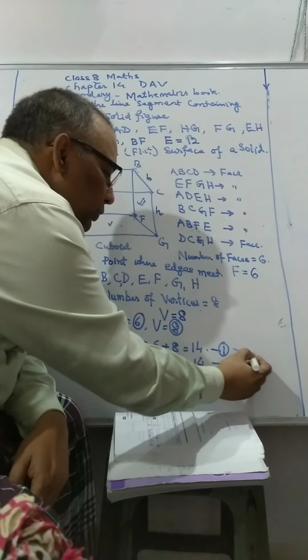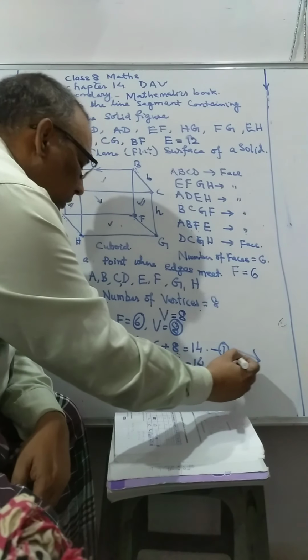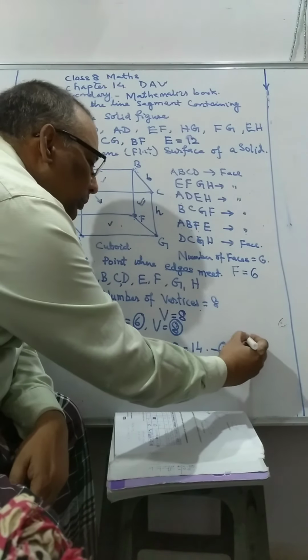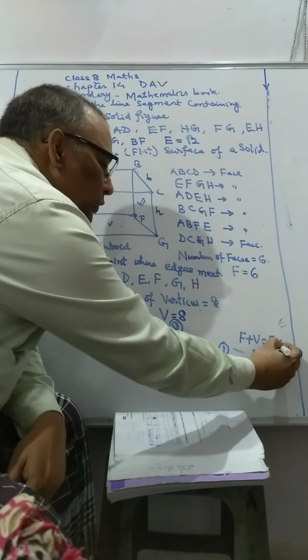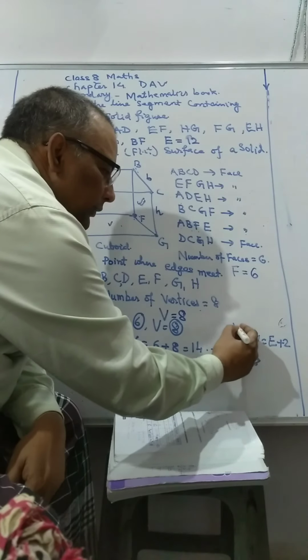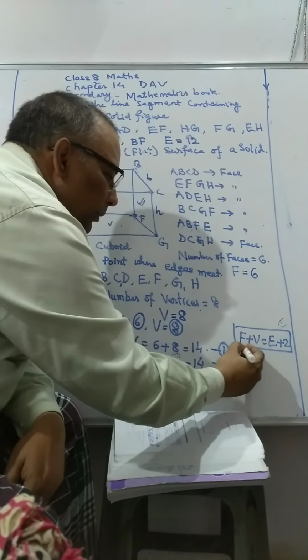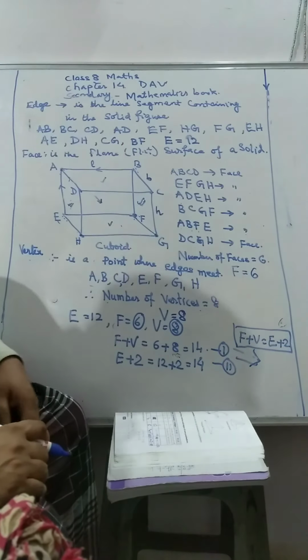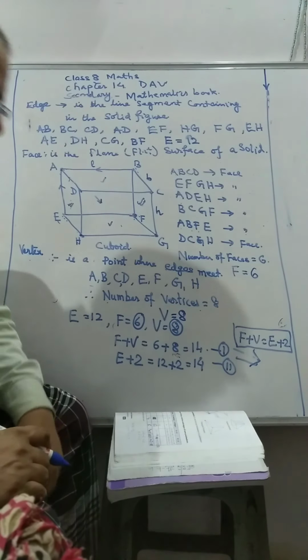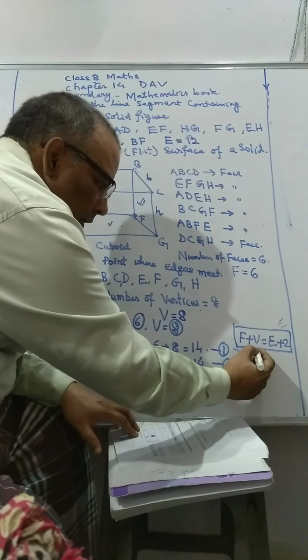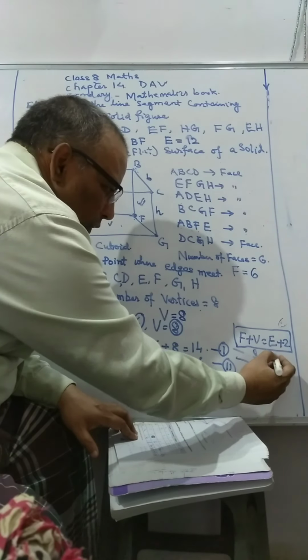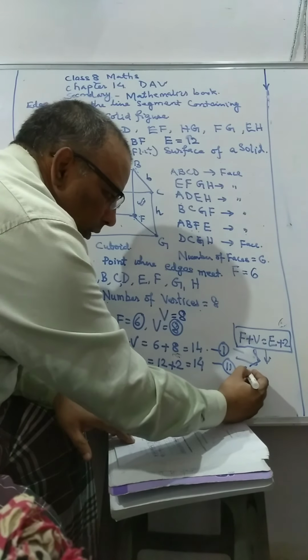So from these two, we conclude that F plus V is equal to E plus 2. This is the formula given by Euler, and it is called Euler's formula.